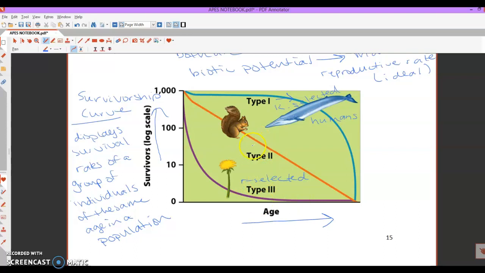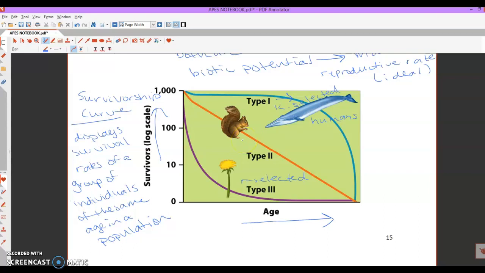Now, type 2, they're just kind of interesting. Type 2, like a squirrel, their survival, actually I should say their probability of death is unrelated to their age, which means a squirrel could be 2 months old or 5 years old. It has the same chance of dying because of what's happening in the environment.